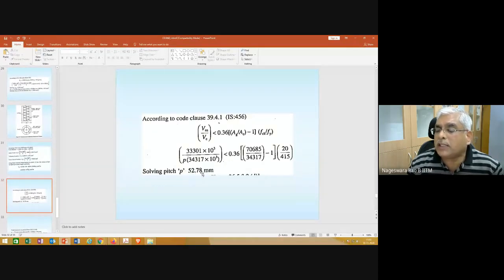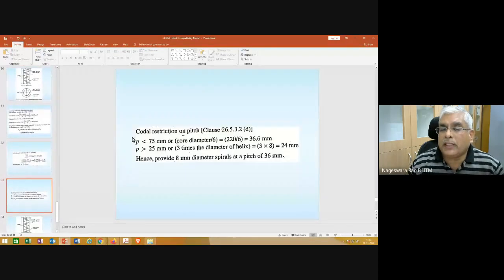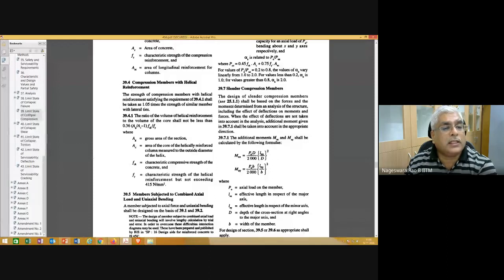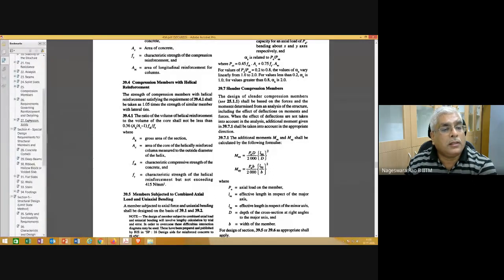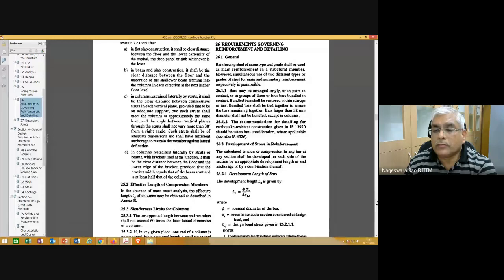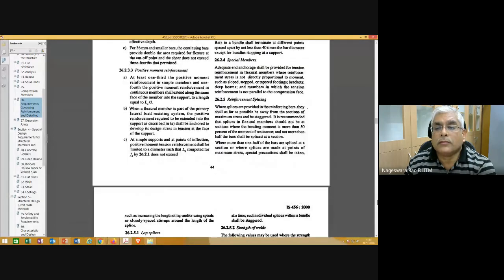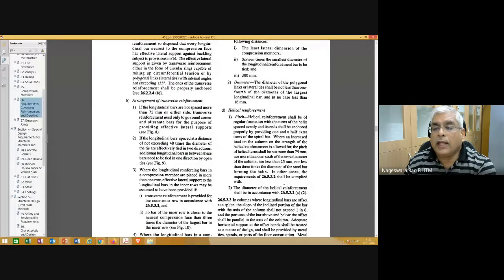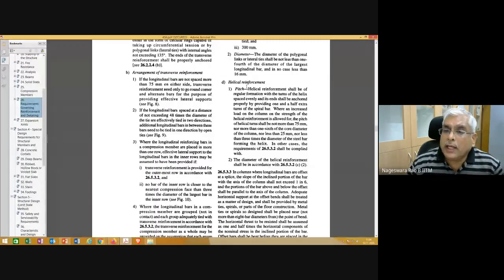Pitch should not be more than this, so adopt a pitch of less than 52.78. Pitch is not only going to depend on that relation, it is also going to depend on other considerations. Let's see the code on helical reinforcement.